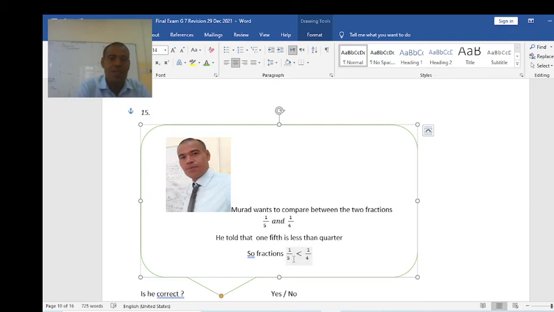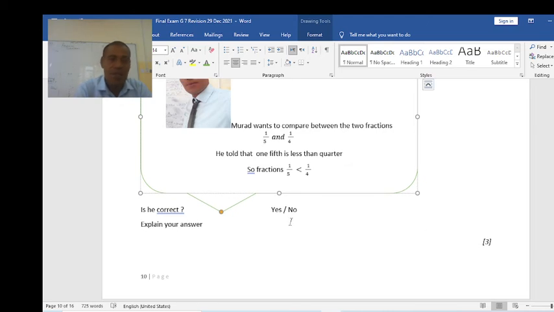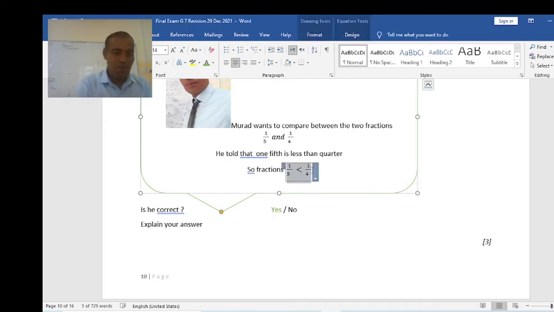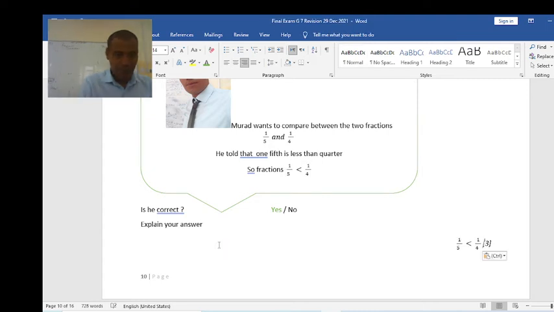So is he correct? He wrote 1/5 is less than 1/4. Is he correct? Of course, yes. Okay, why? You should find equivalent fractions, my learners, to explain this one.